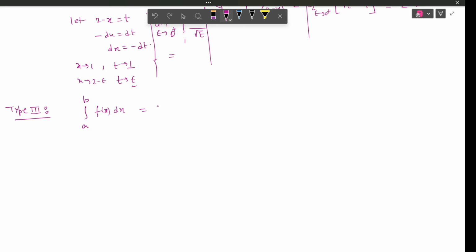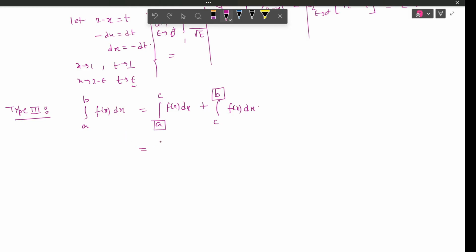So it would be integration a to c f(x) dx plus integration c to b f(x) dx. Here we have a point of discontinuity at a and at b, so this is your type 1 and this is your type 2.